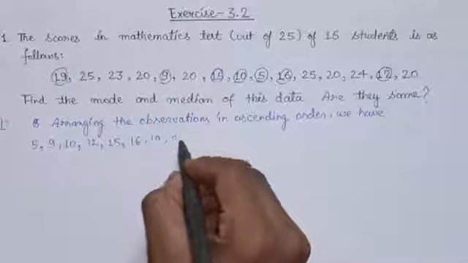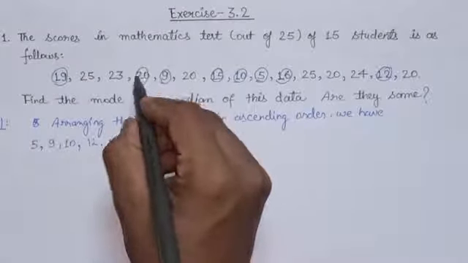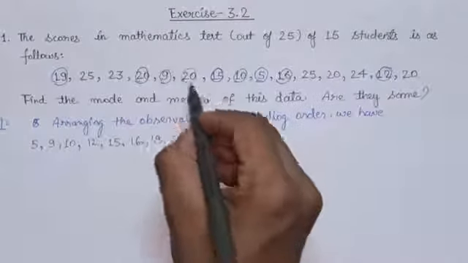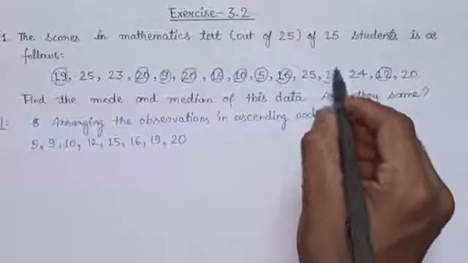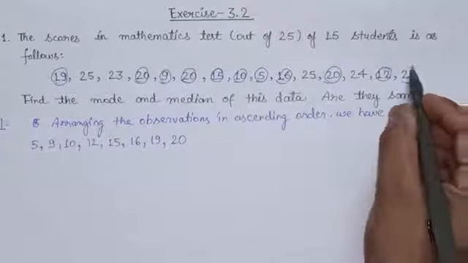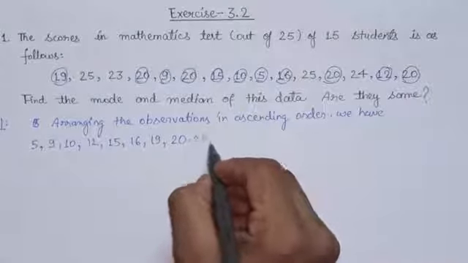So how many times does 20 come? 1, 2, 3, and this is 4. So let us write 4 times.